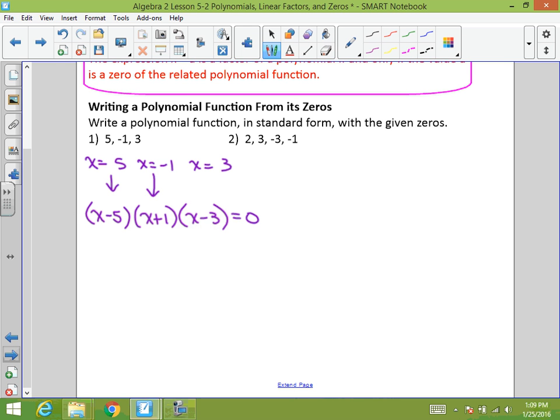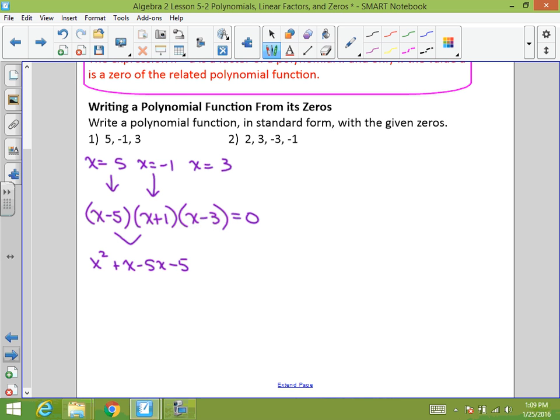Now you can't multiply them all together all at once. You have to multiply any two and then multiply that answer by the third one. And it doesn't really matter. Multiplication is commutative. Order does not matter. So if I multiply these two together, I will get x squared plus x minus 5x minus 5. You should be able to do that pretty much in your head by this stage of the game. It's first term times everything in the second polynomial.